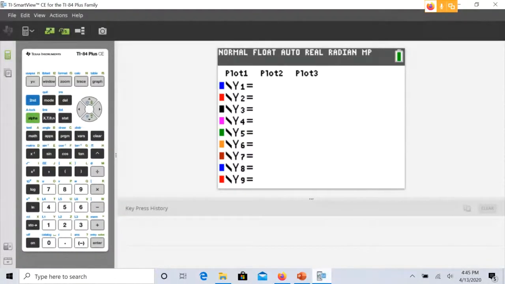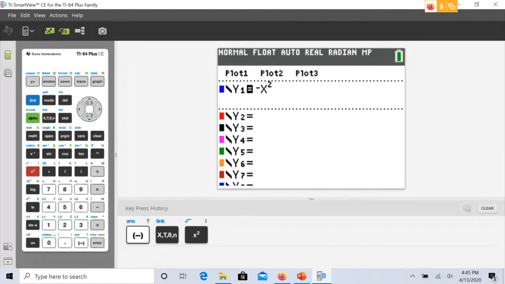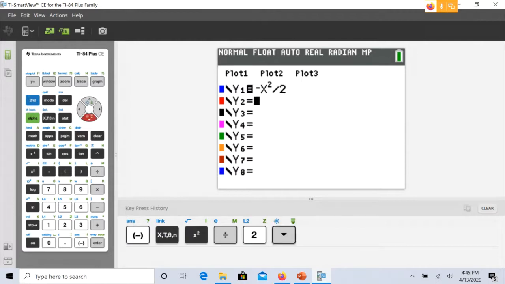So now we've got our graphing calculator, and we're going to enter each of those pieces in. So I've hit my y equals button, and let's go ahead and enter our first equation. We had negative x squared divided by 2. I'm going to go ahead and use my keypad up here and hit the down arrow so that I can enter my other two equations in there.